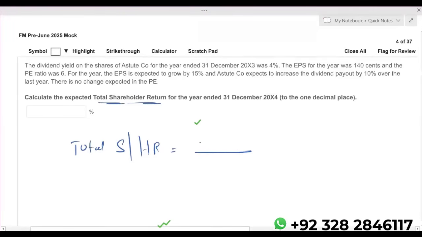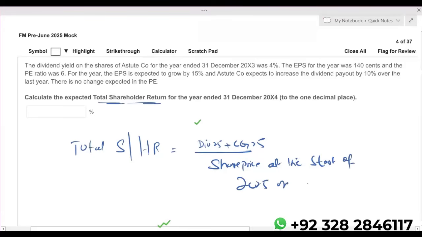Then I need to know the dividend of 25 plus capital gain of 25, but I will take the share price at the start of 25 or end of 2024.